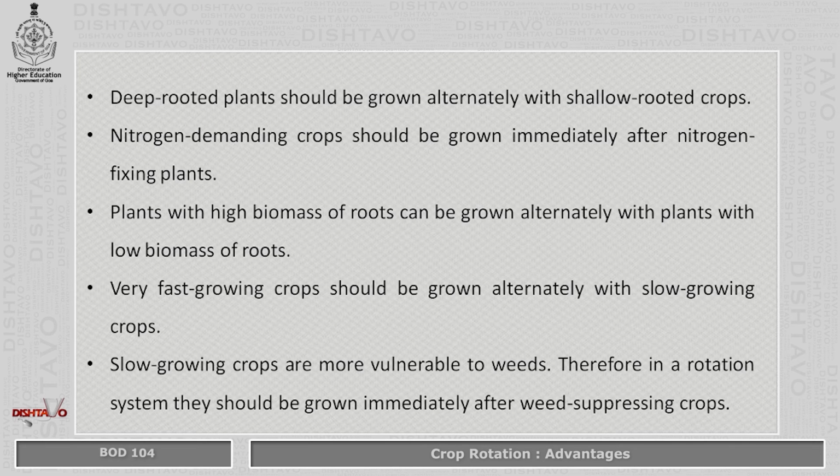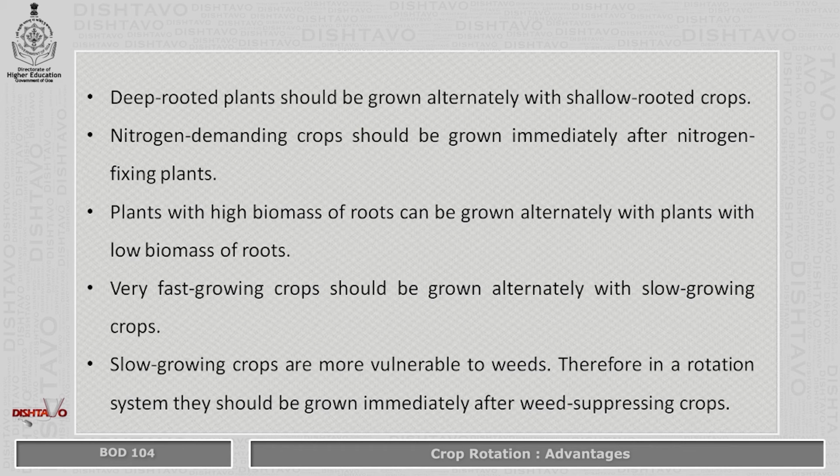These are some of the points which you need to consider in general. Deep-rooted plants should be grown alternately with shallow-rooted crops. Nitrogen-demanding crops should be grown immediately after nitrogen-fixing crops, so that whatever nitrogen is fixed will be utilized. Plants with high biomass of roots can be grown alternately with plants with low biomass of roots.